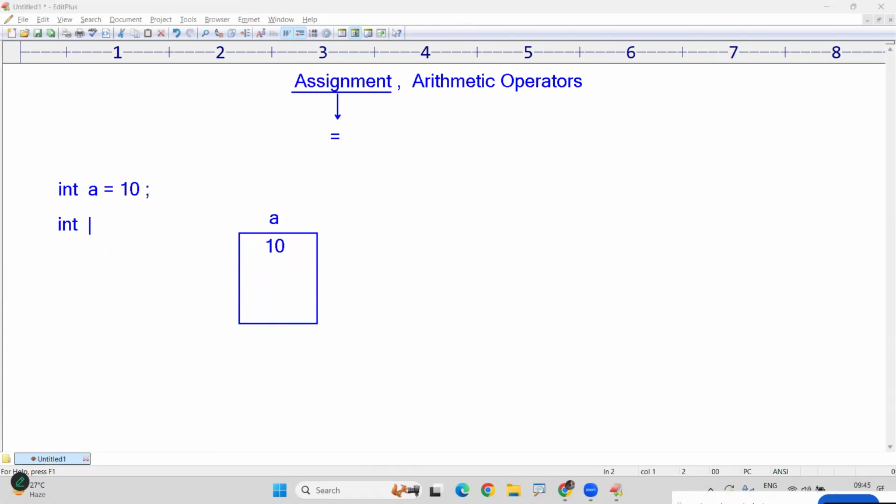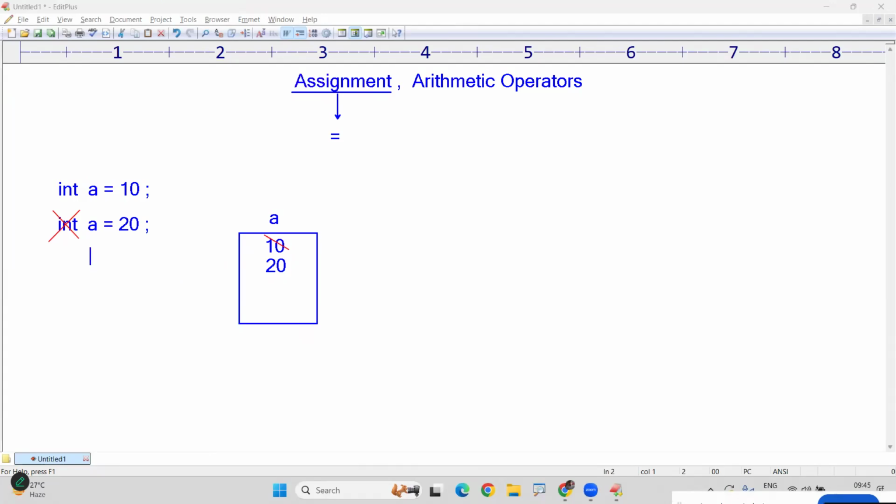The second time, don't write the data type. Data type you need to write only one time, the first time when you create that variable. The second time, don't use that data type. Directly the variable. So in place of 10, 20 will be stored.